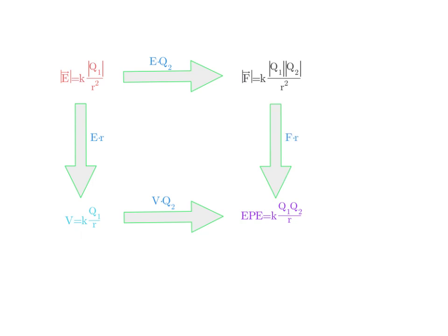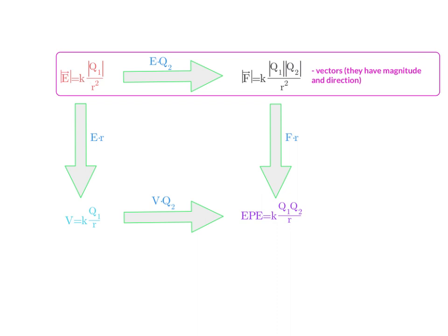And remember from mechanics, when we first learned work, we said that work is force times displacement. If I multiply this force by a distance, then I end up with electric potential energy. Work and electric potential energy have units of joules. So this is a relationship that we are a little bit familiar with already from mechanics. These two concepts, electric field and electrostatic force, are both vectors, so they have both magnitude and direction.